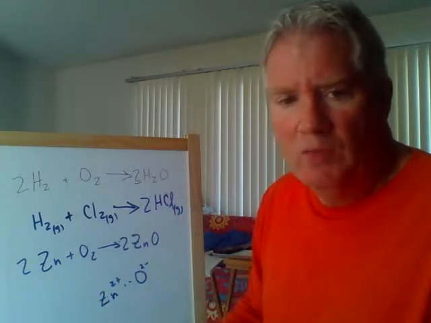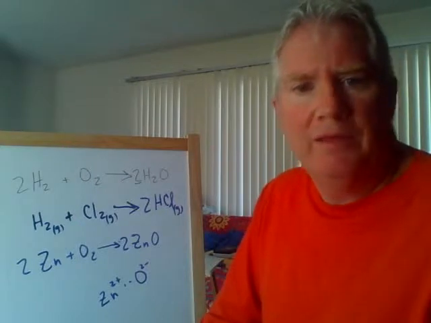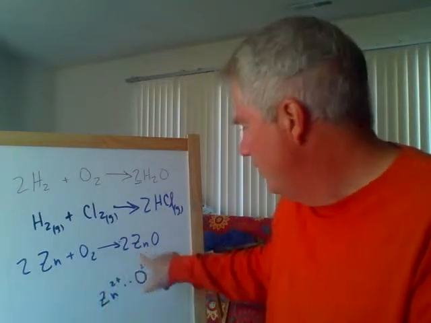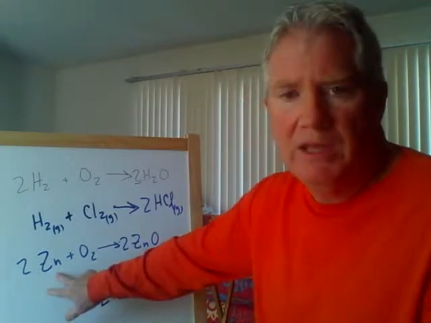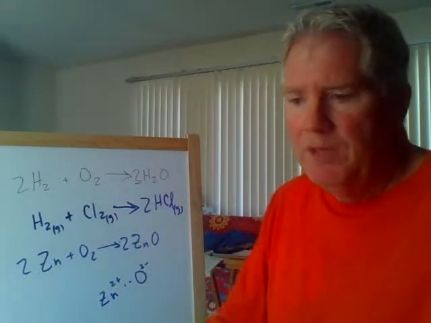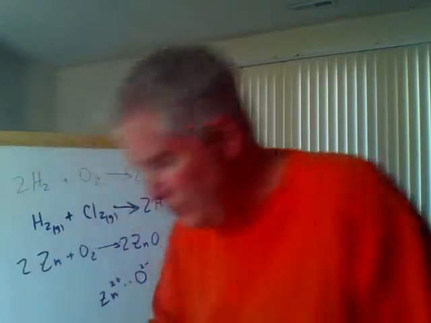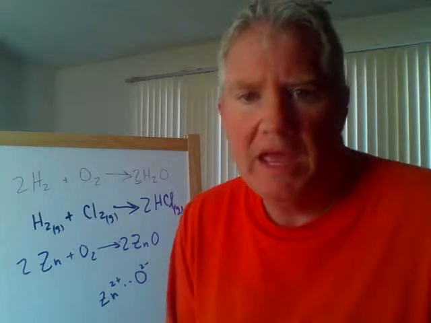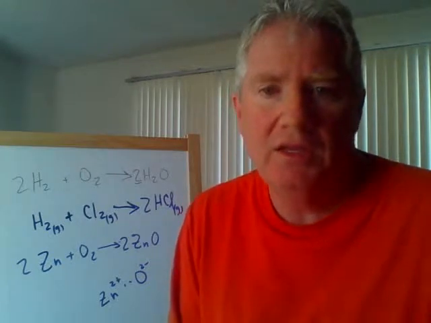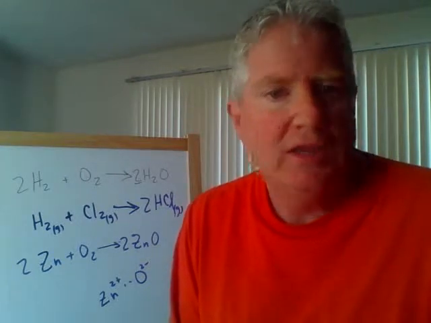The big question then is, how do you ever make zinc metal in the first place? If zinc would rather be in a +2 state oxide, how do you make zinc metal? A good question, because almost all metals in nature exist as ores, basically as rocks in the Earth's crust. And zinc is no exception.